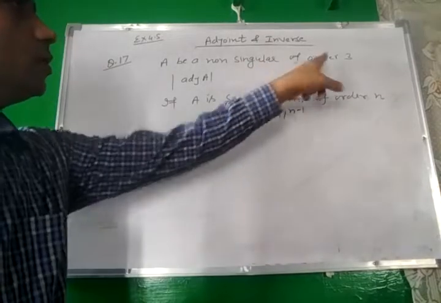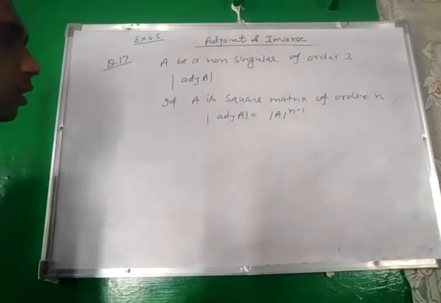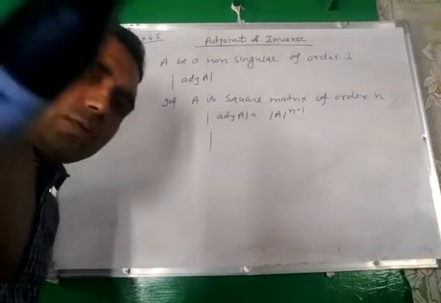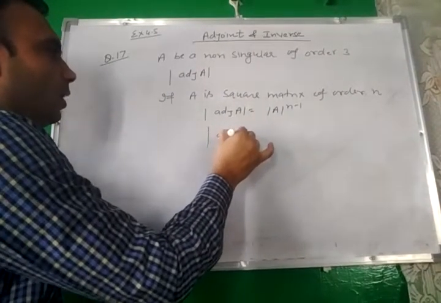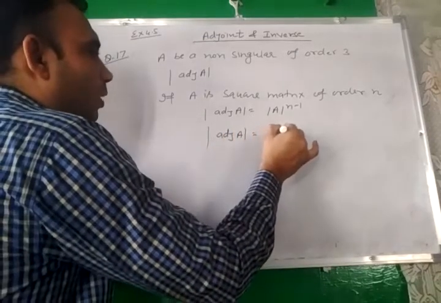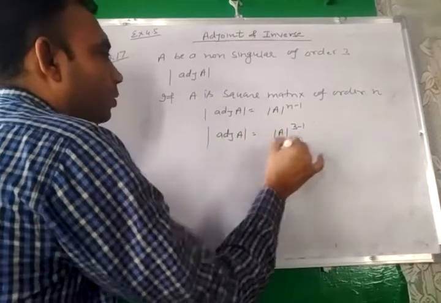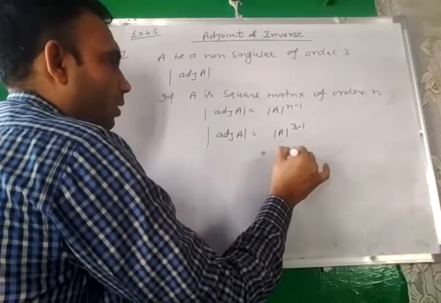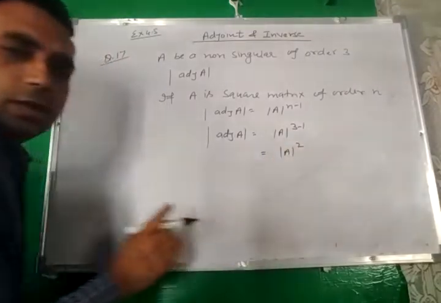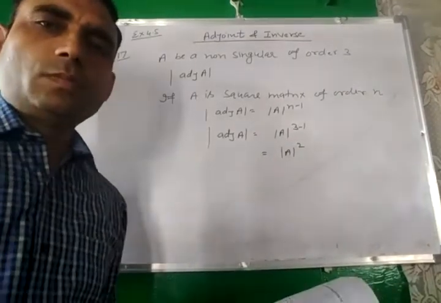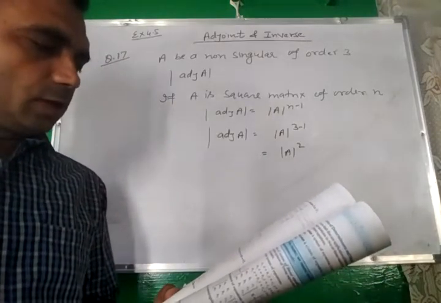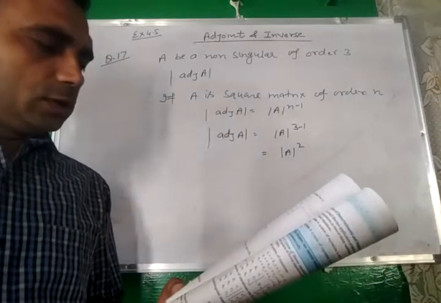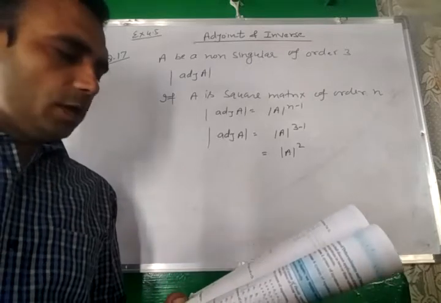Here order is 3 given. So determinant of adjoint of A is equal to determinant of A to the power 3 minus 1, that is determinant of A square. So option B is correct.